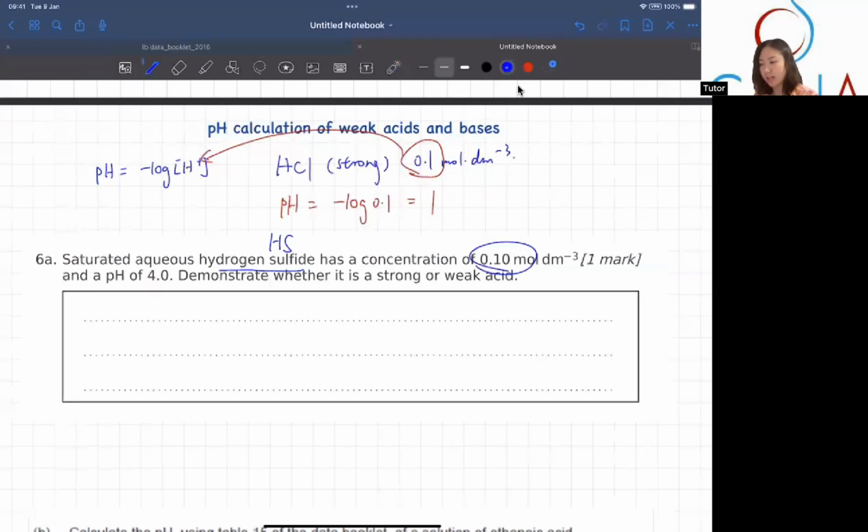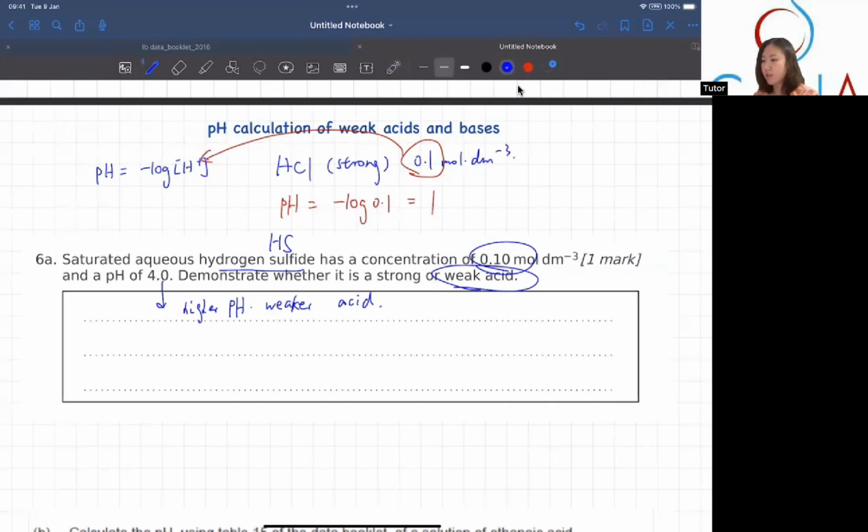So this higher pH indicates this is supposed to be a weaker acid. The answer for this question is simple: it's a weak acid. But why so? Why doesn't a weak acid have the pH value of 1 in this case?